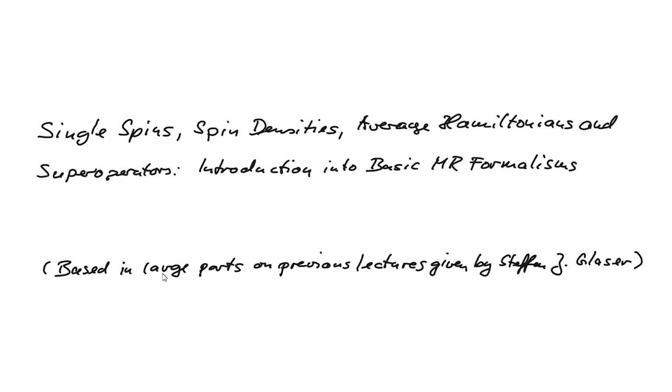Looking at NMR spectroscopy, we see that this is a classical technique, and it's a fantastic technique to actually learn quantum mechanics, because when we look at the states that we can excite, we have tiny little energy differences at the magnetic resonance levels.